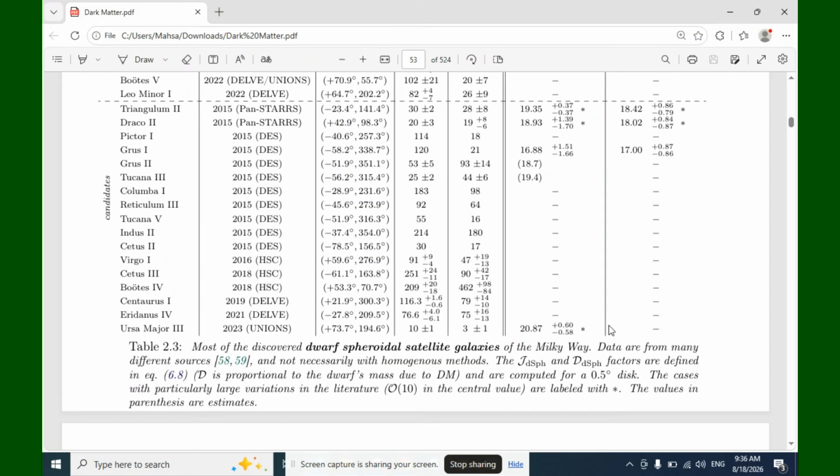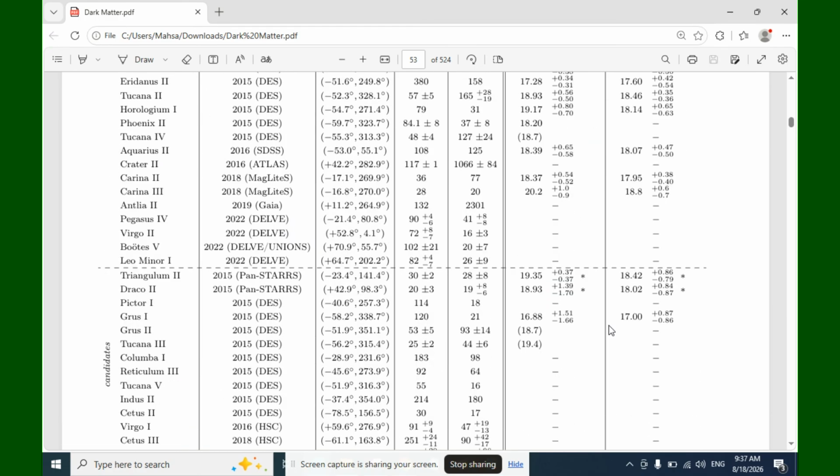The tau D and the D factors are defined in equation 6.8. D is proportional to the dwarf's mass due to the dark matter and is computed for a 0.5 degree disk. The cases with particularly large variations in the iteration in the center value are labeled with a star. The values in parentheses are estimates.